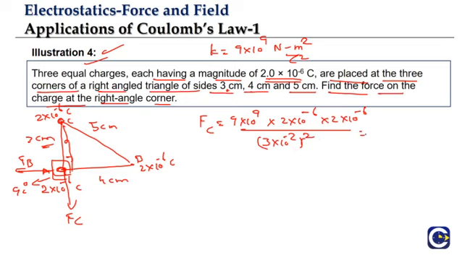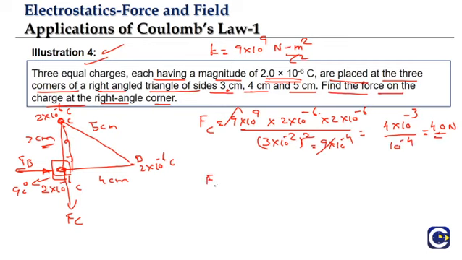So we can see this denominator, 3 into 10 power minus 2 whole square means 9 into 10 power minus 4 will come. So 9 will be cancelled. So we have 10 power 9, 10 power minus 6 and minus 6 will be 10 power minus 12. So net what we have is 4 into 10 power minus 3 divided by denominator 10 power minus 4. So it will be 40 newtons since everything is in the SI unit.